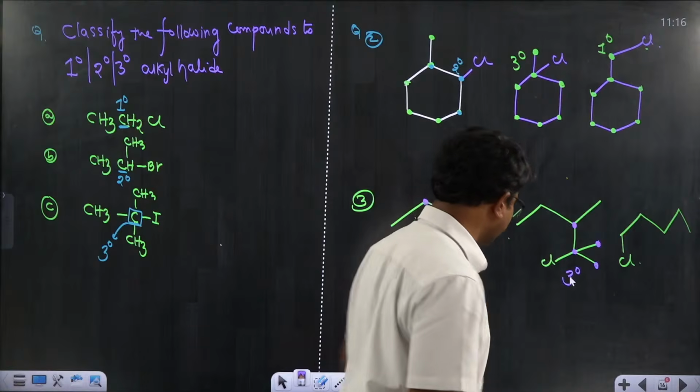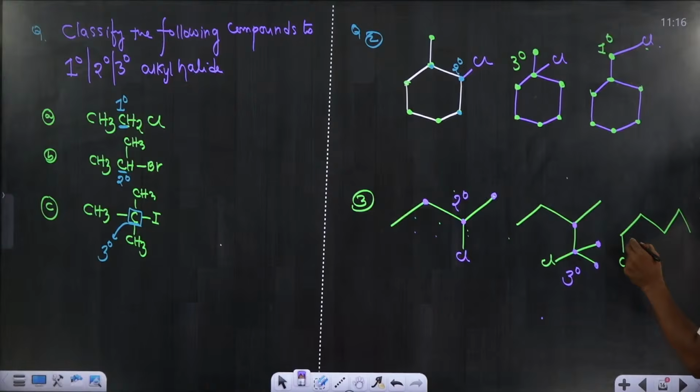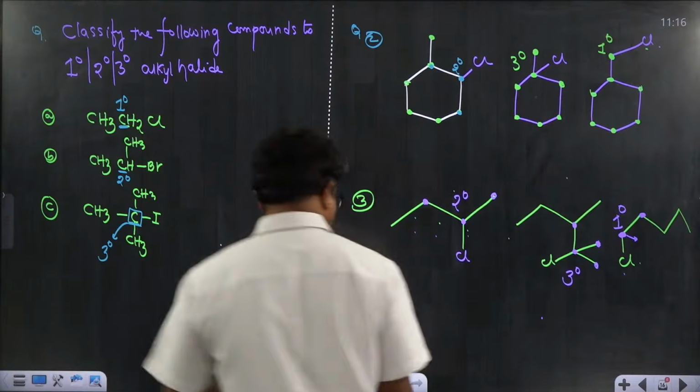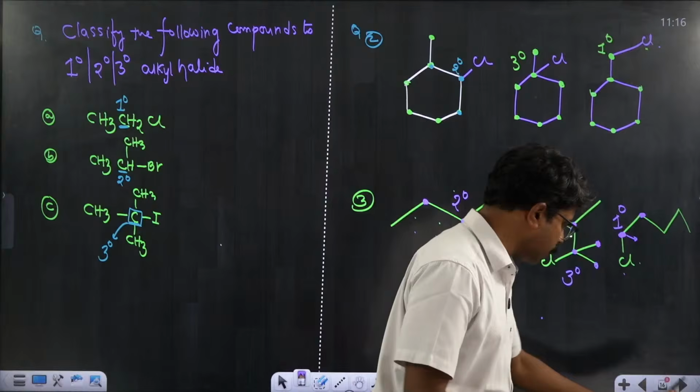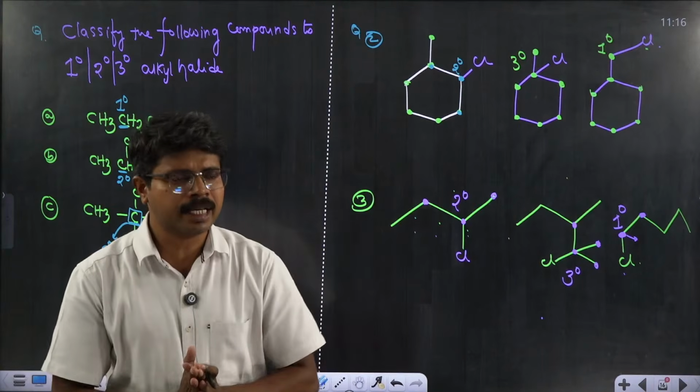Hence, the corresponding alkyl halide is a tertiary alkyl halide. Now, the reference carbon, the carbon to which the halogen is attached, is directly in contact with only one carbon. Hence, this carbon is a primary carbon. The corresponding alkyl halide is a primary alkyl halide. I hope the points are clear and you are able to classify the alkyl halides.